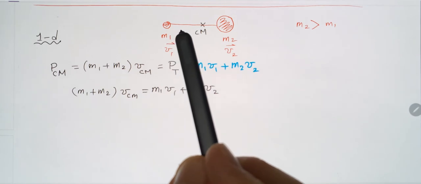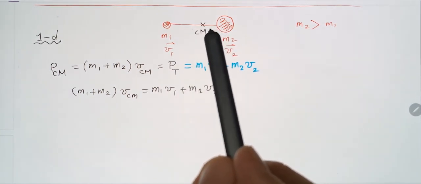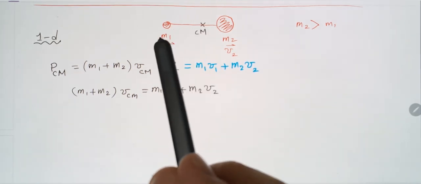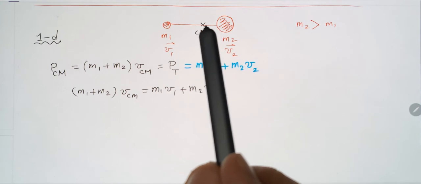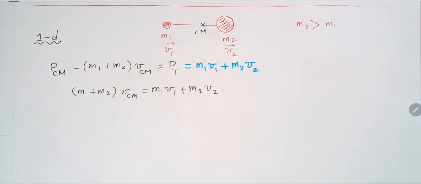The connection between the two is rigid, or you can assume it's a spring. So for simplicity, it has no mass, so it will not affect the center of mass. In the most general case, V2 is different than V1. How is it different?